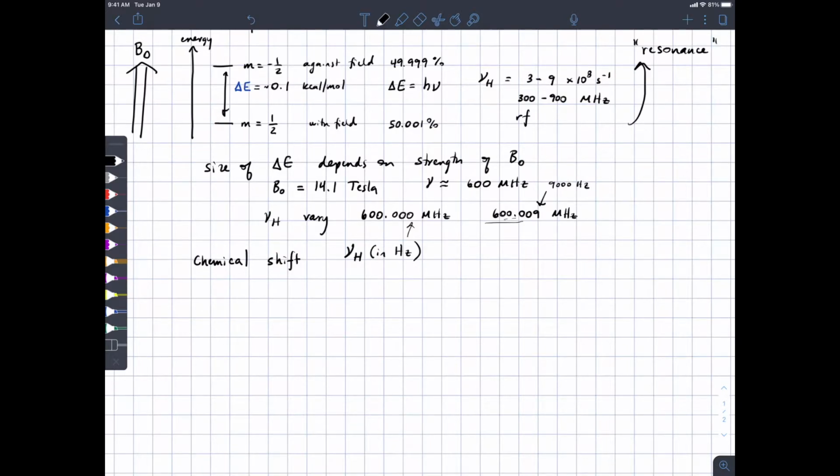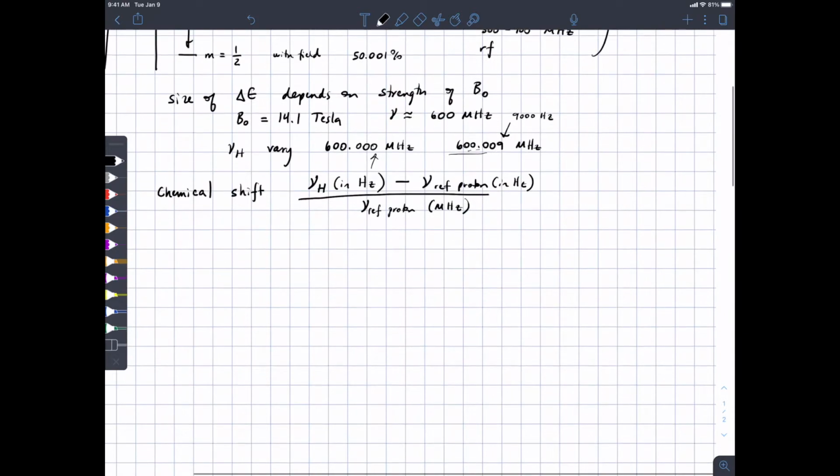Then we'll subtract the frequency of a reference proton, and then we're going to divide that by, one way to think of this is, the frequency of your reference proton, but this time in megahertz.